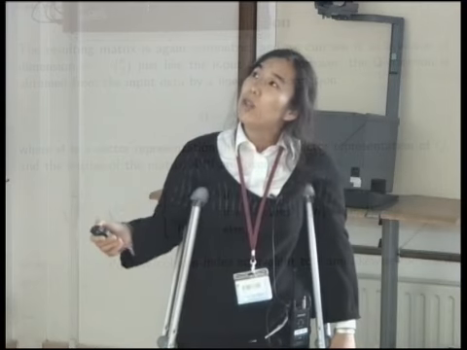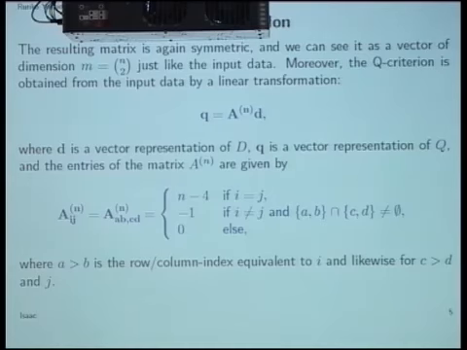Okay, so we looked at the Q criterion really closely. The resulting matrix is symmetric, so we can see it as a vector. We vectorize instead of using a matrix, and the dimension m is n choose 2, just like the input data.